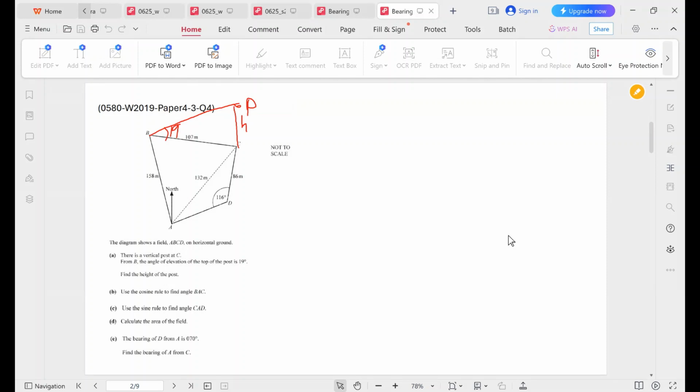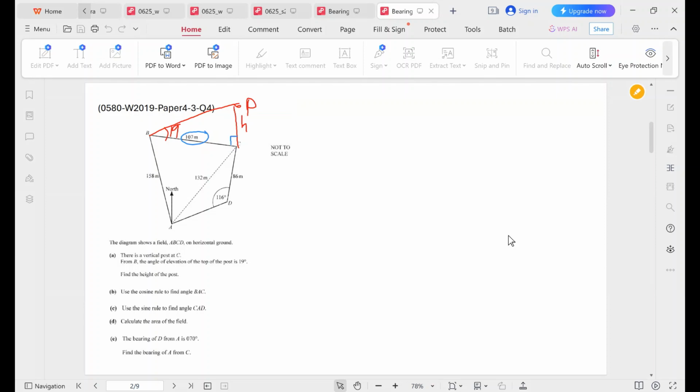Now, in order to find H, we need to figure out the information we have. So bear in mind that this angle here is 90 because C is on the ground and H is vertically up. And we have this side here, which is 107.